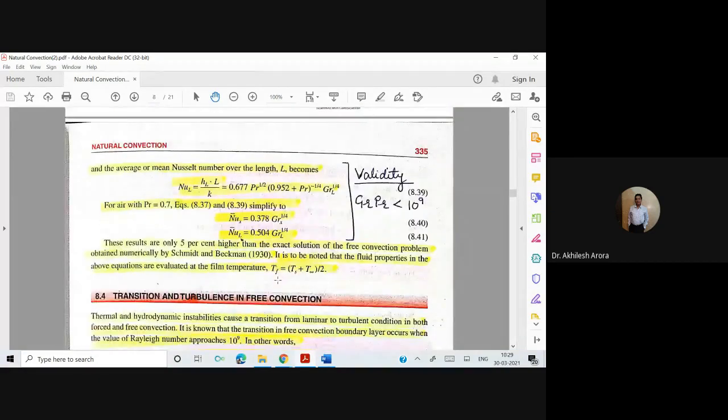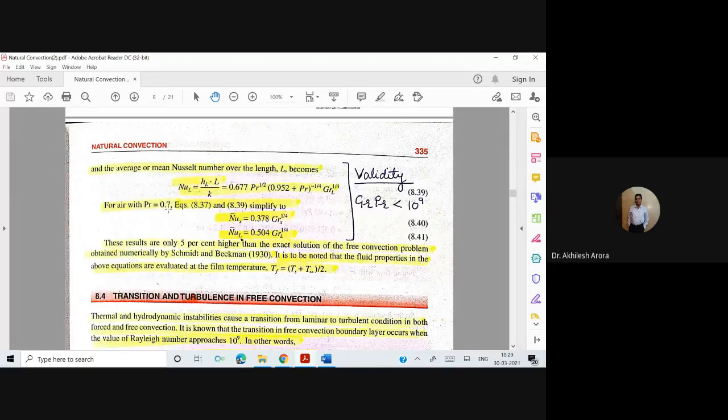And then from this equation, we can also calculate the value of the average Nusselt number, which is equal to 0.677 Prandtl number raised to power 1 by 2, over 0.952 plus Prandtl number to the power 1 by 4, Grashof number raised to power 1 by 4. And if you consider the Prandtl number as 0.7, this value of the Prandtl number is in the case of air.